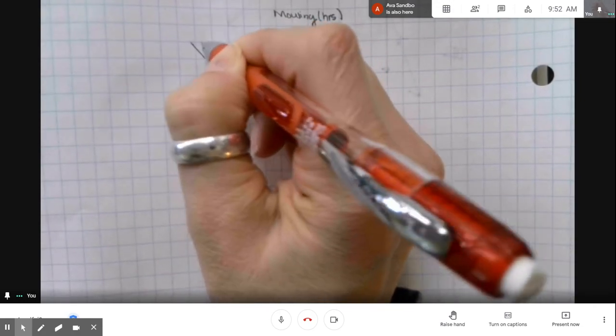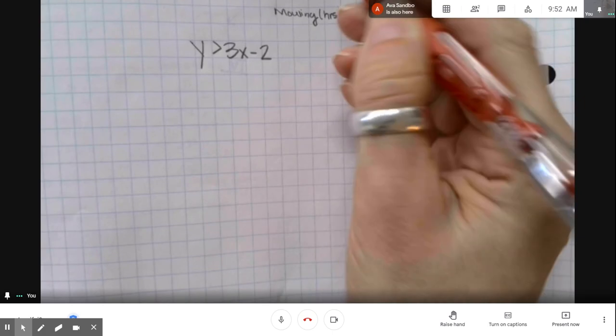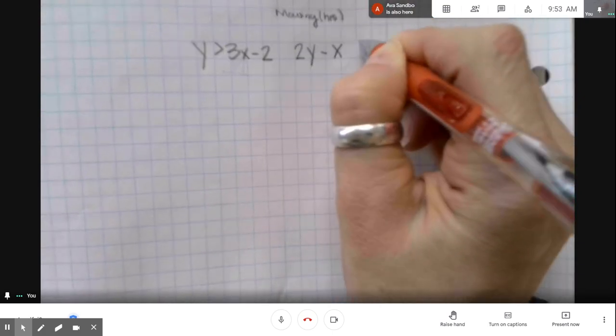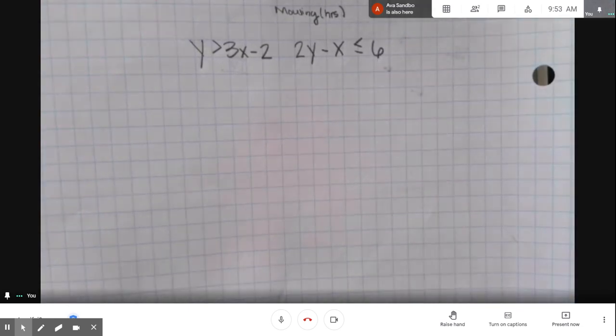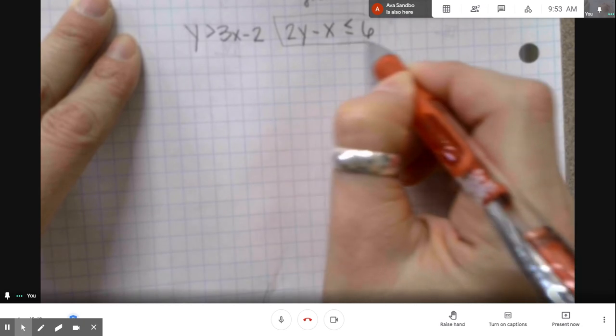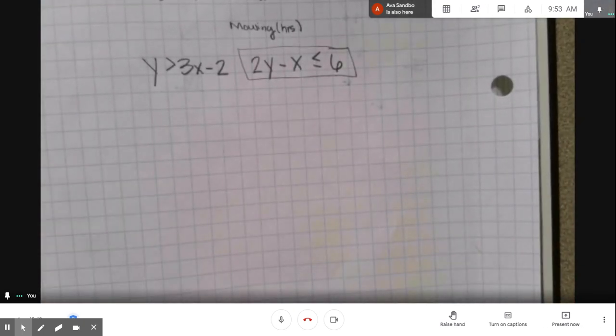Graph these 2. Graph those 2 right now, and you can go about graphing this one as standard or as slope intercept, whatever makes you feel happy inside.